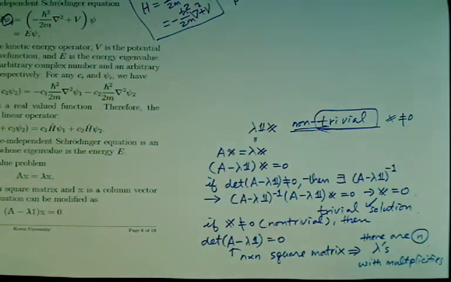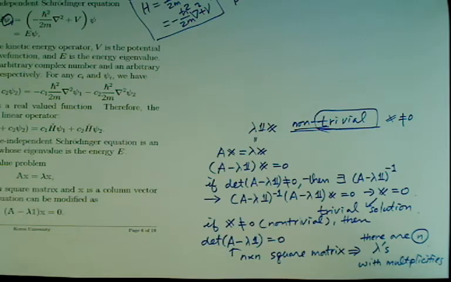That means, for example, lambda squared equals 0 is not a single solution, but two solutions, a doubly degenerate case. So with multiplicities, in principle there should be n solutions for the eigenvalues, and in general the eigenvalues are complex.